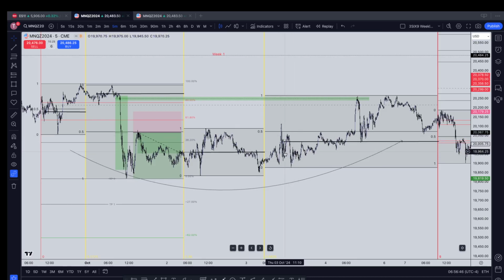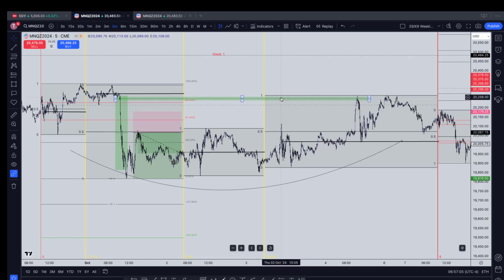This leg is much more than enough to make good profits. And if you were to catch this move from here to here, that's still a great move, because price swept out this imbalance, and now price just wants the liquidity resting down here. So this leg, or if you can catch this one, that's great.